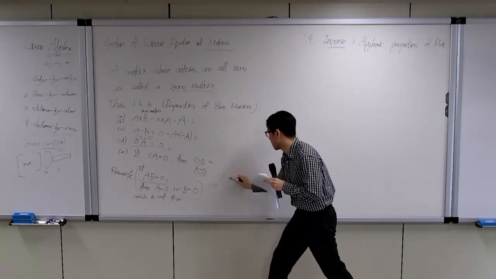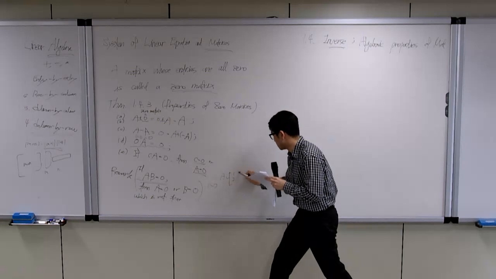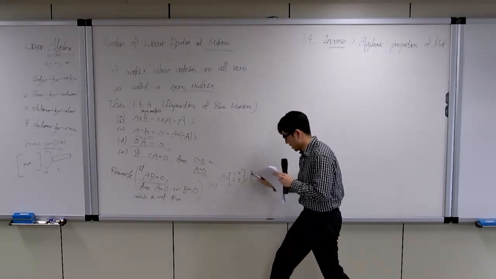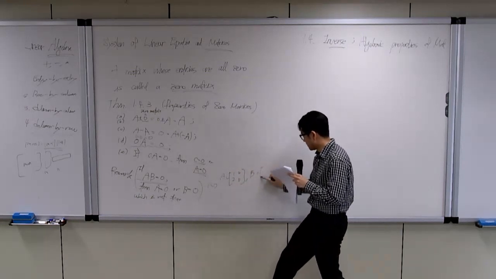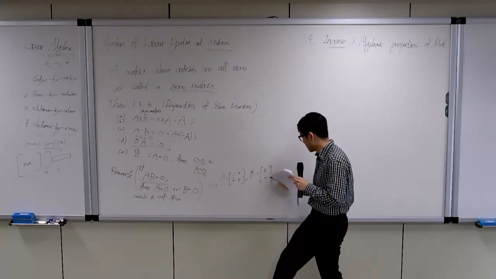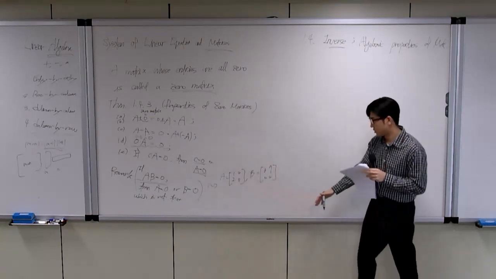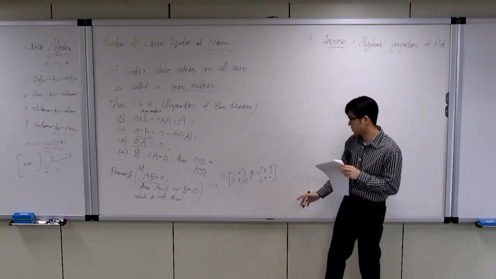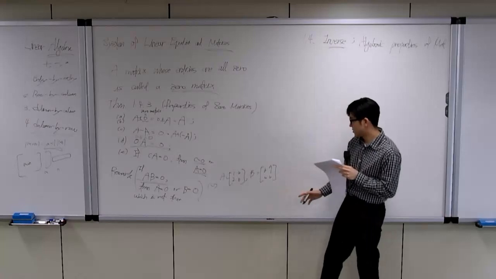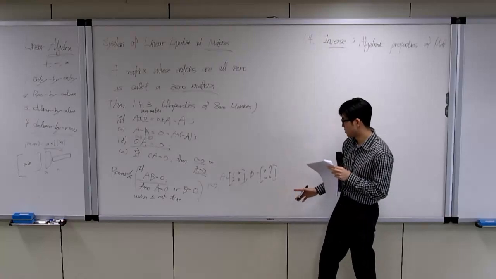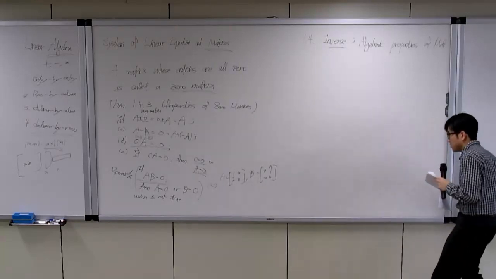If A is 1, 2, 0, 0, and B is 3, 7, 0, 0, like this form, it is not a 0 matrix, but if we calculate this, then we will get, is it right? Oh, I think it's wrong.